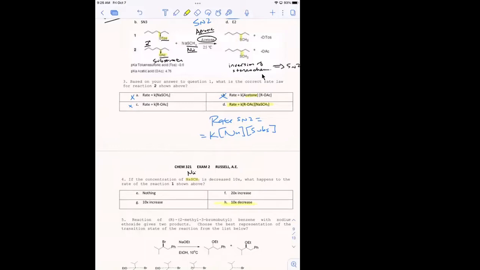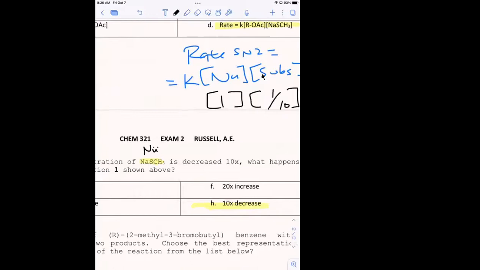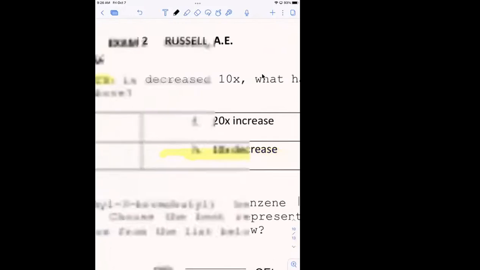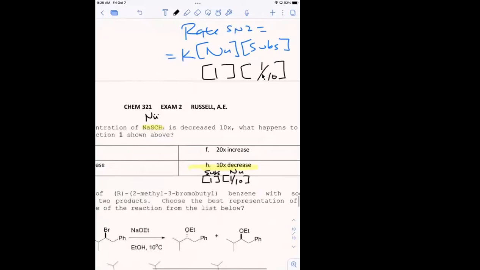Anybody not following that? If I take numbers and put them in here, this is 1 and this is 1 over 10. Then the rate should decrease by 10. That's how that works.